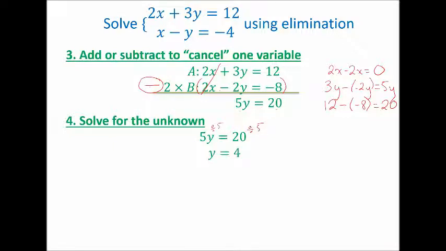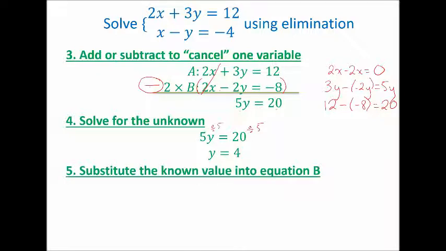So now I have y, I just need to figure out what x is. To do that, I'm going to substitute the value I know, so the y value, into equation B. I could substitute into equation A, but there's more happening there. It's just a little bit quicker to plug into equation B because there's less happening.